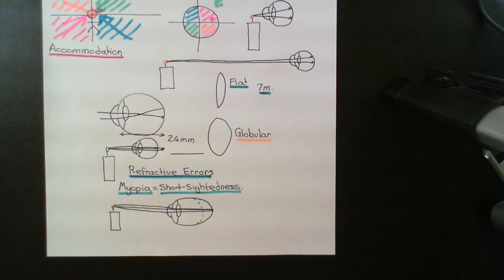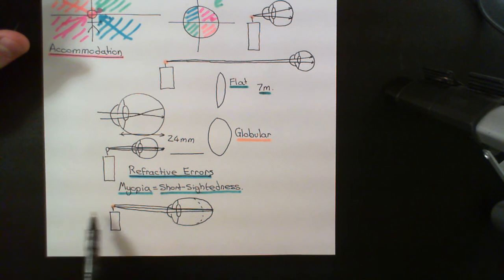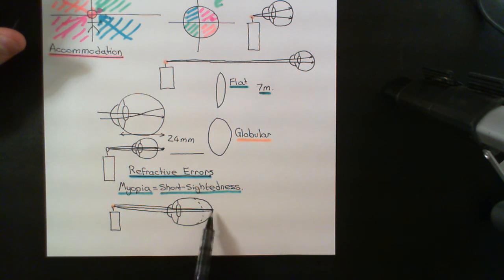So how do you correct short-sightedness? Well, you need to put a lens in place that is actually going to diverge light, that is actually going to unfocus light, because the problem is that the light from far away objects is being focused before the retina actually is there.